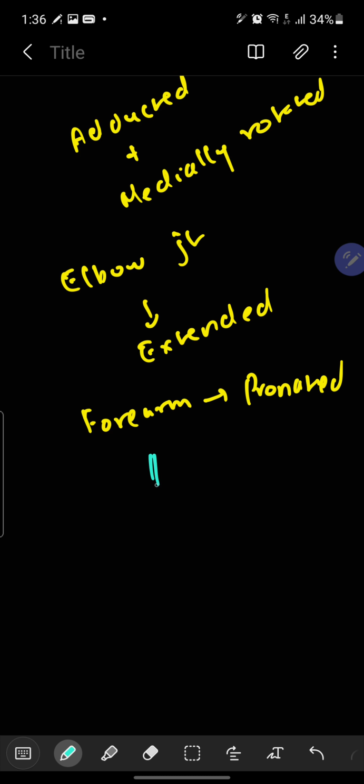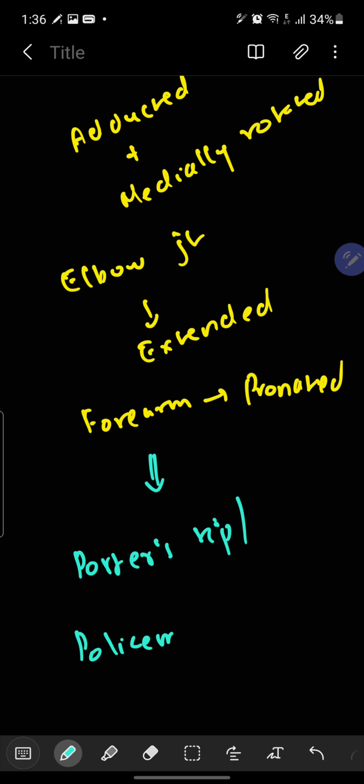This is also called porter's tip or policeman's tip deformity.